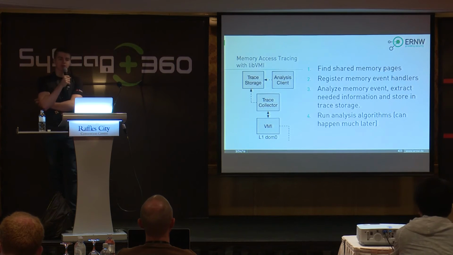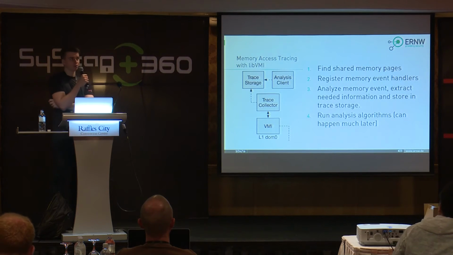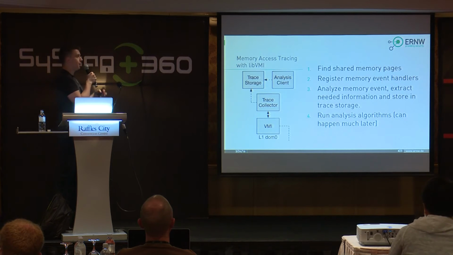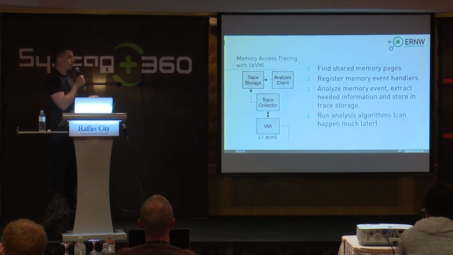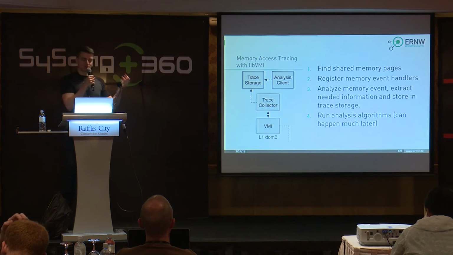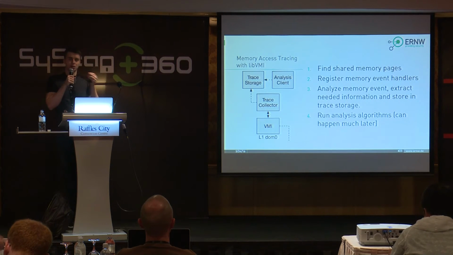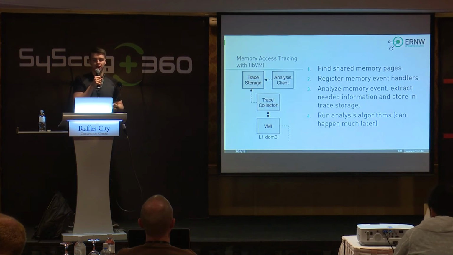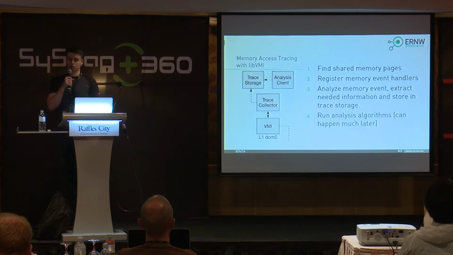Using this feature, the idea to do memory access tracing with EMI is quite simple. We just have to find all shared memory pages. Then we register our memory event handlers. If a memory event is triggered, our callback function will be called, which analyzes this memory event, extracts all the information we need for later analysis, and stores it in a trace storage.